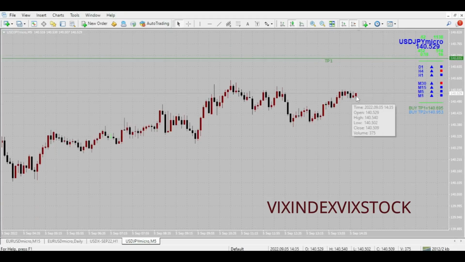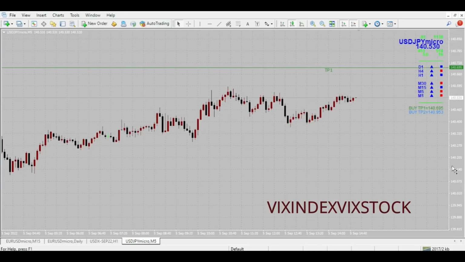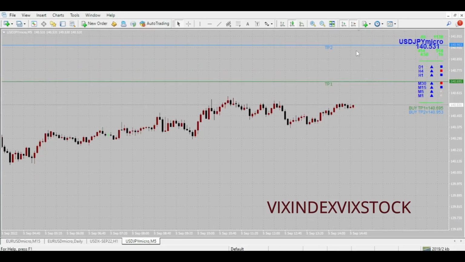If we're going to buy here, our TP1, according to this, is going to be around there, and TP2 is going to be around there for somebody who wants to hold for a very long time. So what you want to do, because you're scalping, is to understand the higher time frame first.